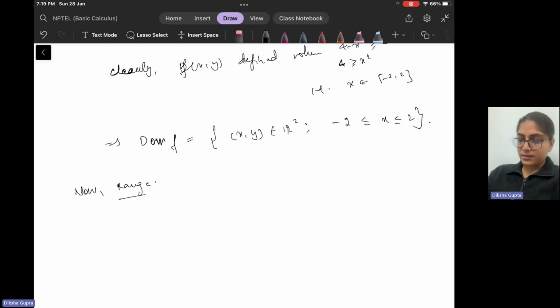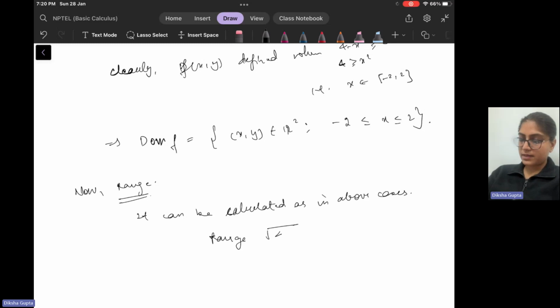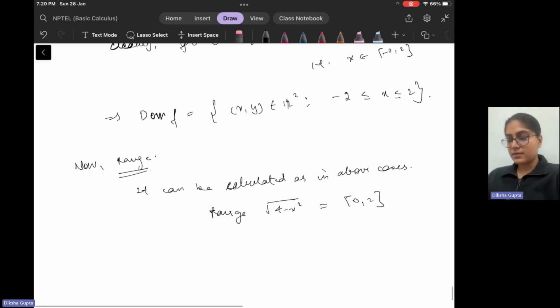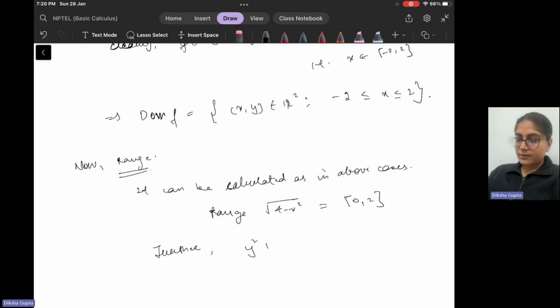So now for range, observe, calculated as in the above cases. For the numerator, the range of the function 4 minus x square is 0 to 2. You can calculate it as in the first question. Further, y square plus 3 is greater than 0.